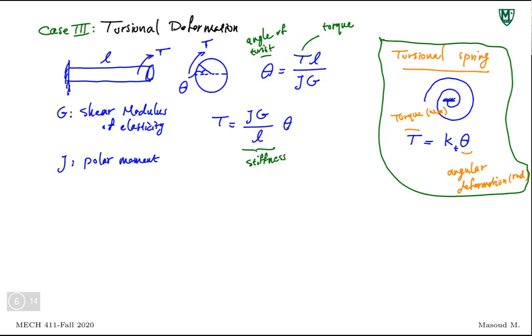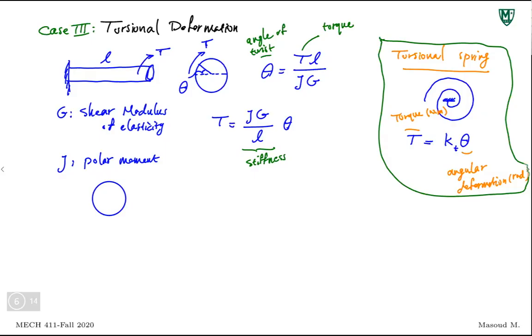So now, for any shaft, any system under torsion, as long as you can find the polar moment of inertia, hopefully you remember that. For instance, if I have a circular cross section, let me give you some properties.